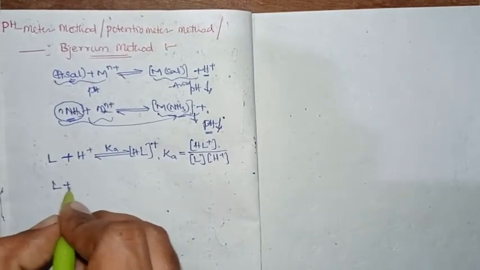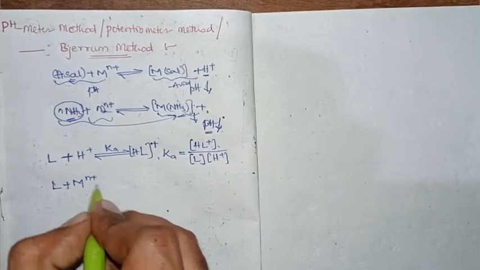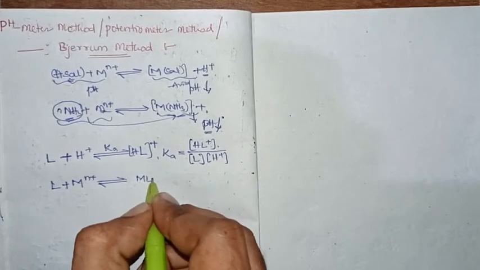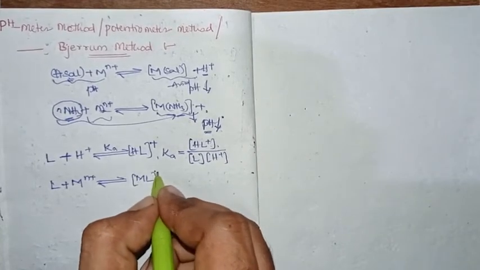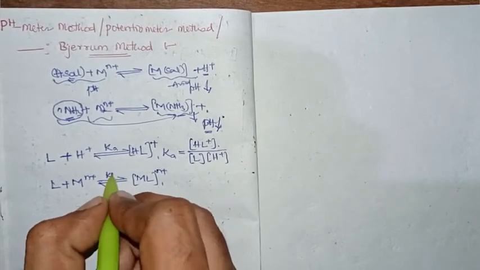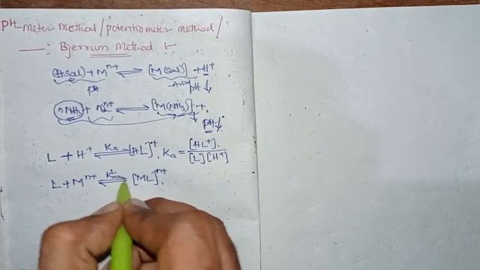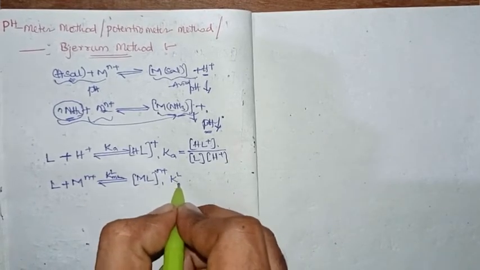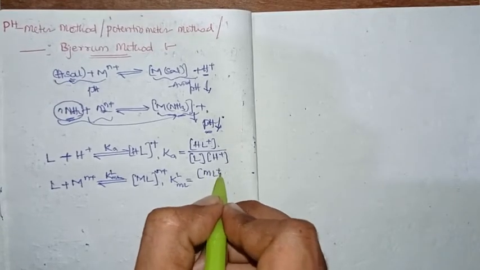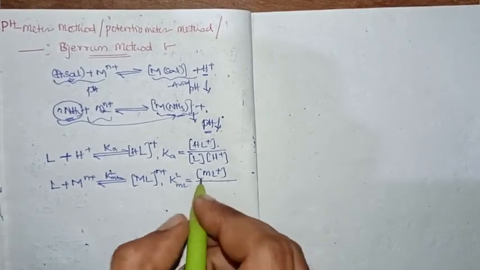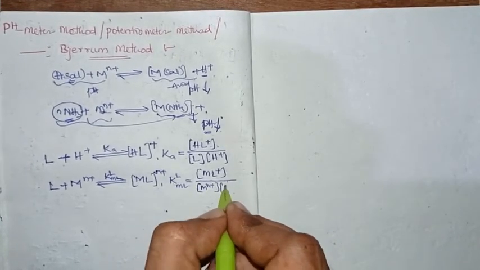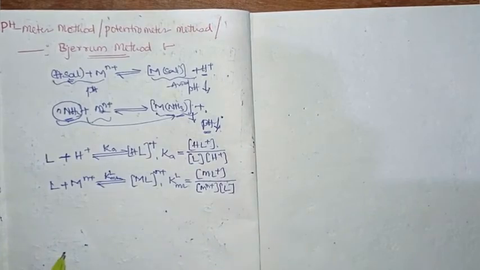Thus the same ligand reacting with metal ion will form a metal ligand complex and have a stability constant, and thus the stability constant can be equal to the metal ligand complex concentration divided by the product of metal ion concentration and ligand concentration, right?